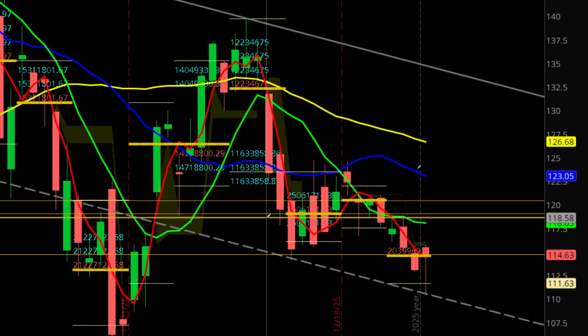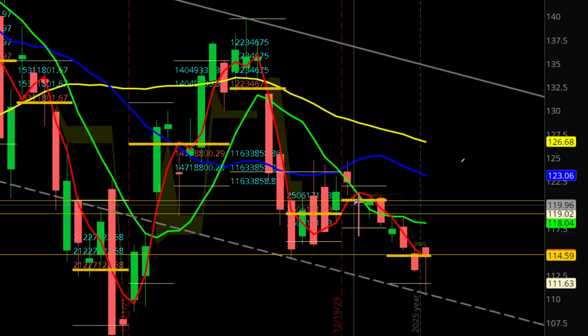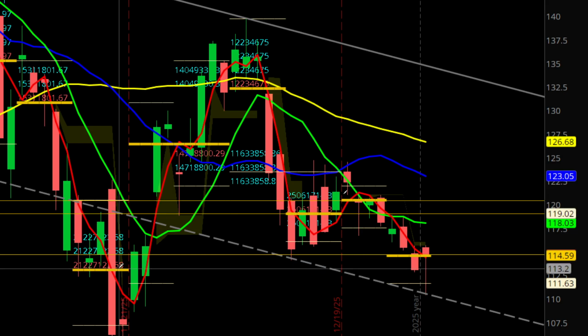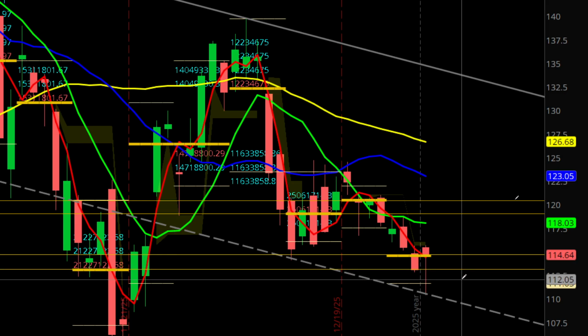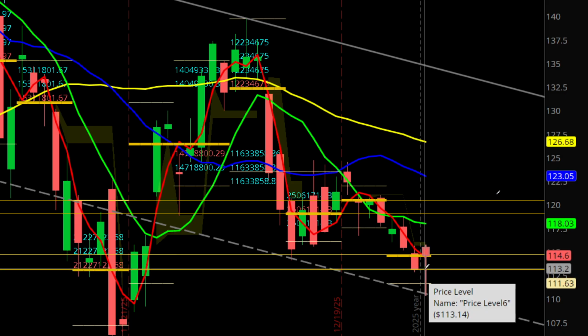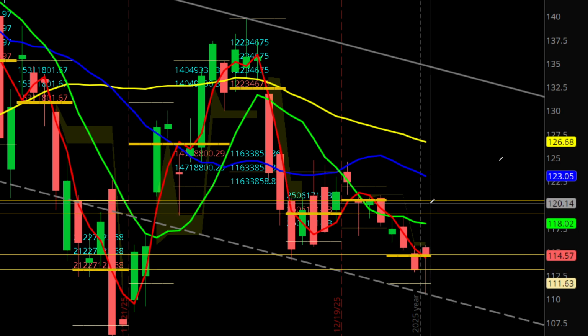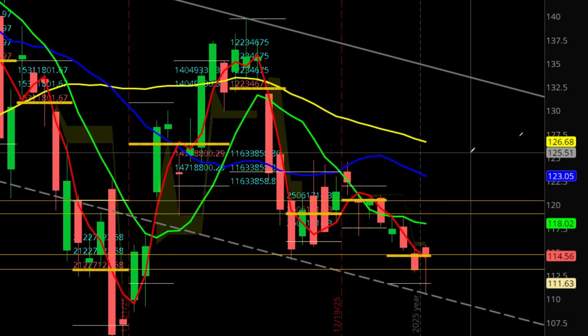I've got something wrong here. It's this line, and it's this line. I made a mistake there. So here's our bearish downside that we really liked in the last couple weeks. Here's our bullish side that we liked in the last couple weeks of these two lines up here. So if we're headed north, we're headed back.